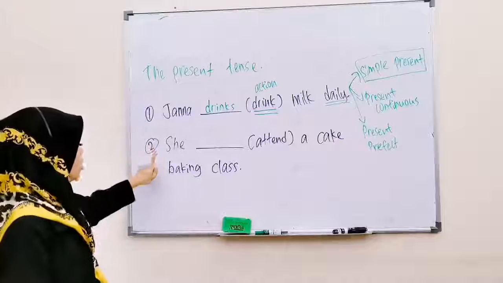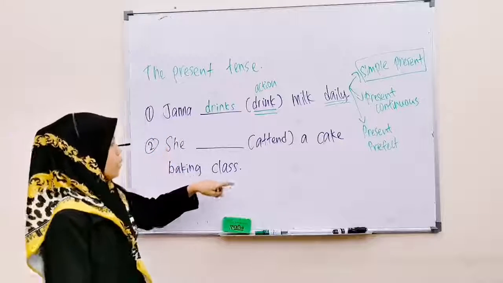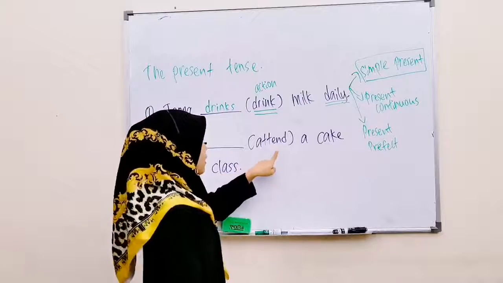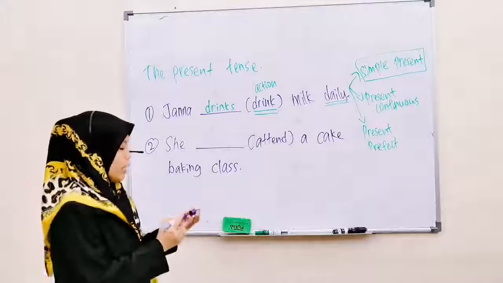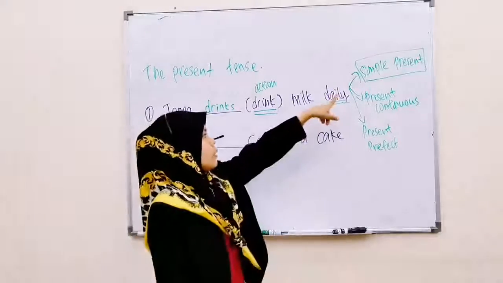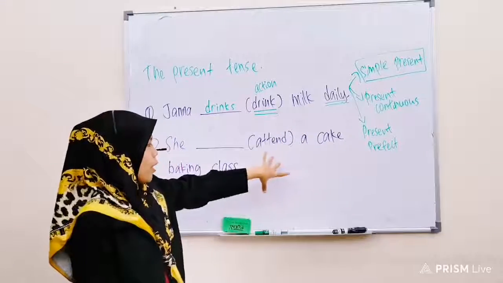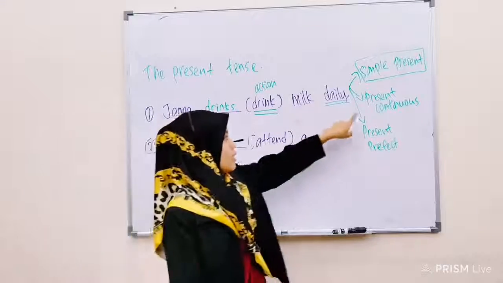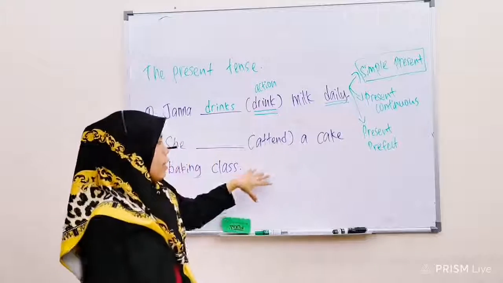Now we have she, which is a singular subject, and then the action, attend a baking class. You need to remember, if this is about habit or routine, it is simple present. If it is either present continuous or present perfect, look at the sentence carefully.